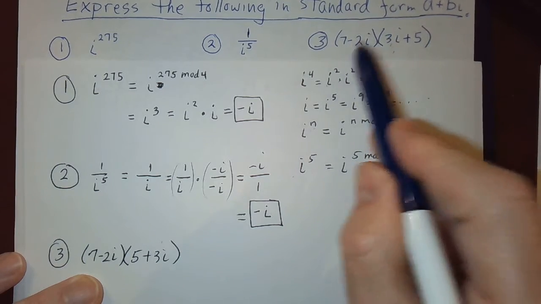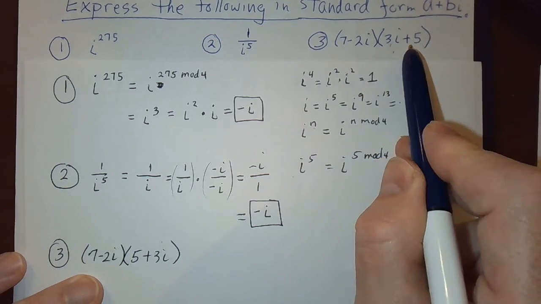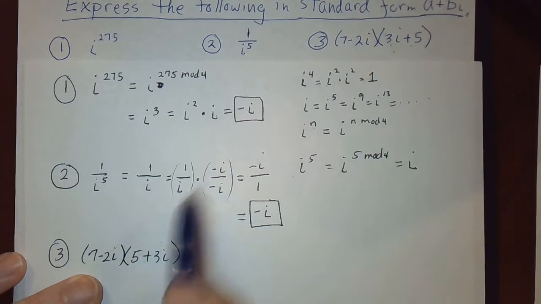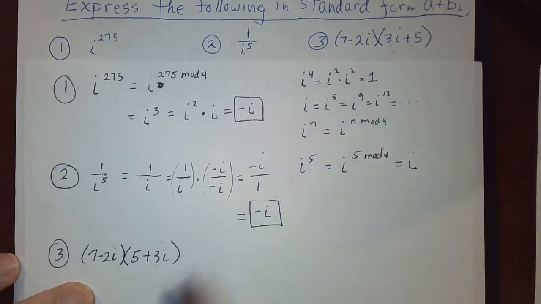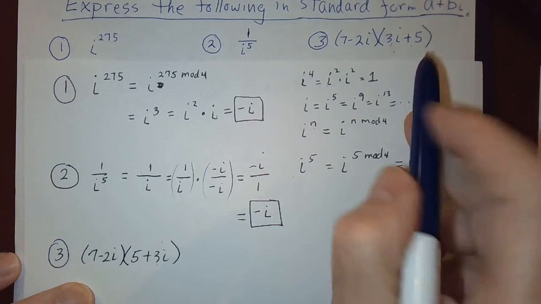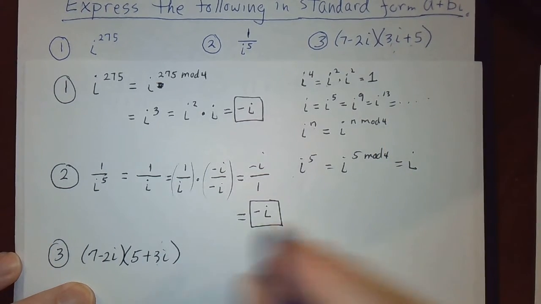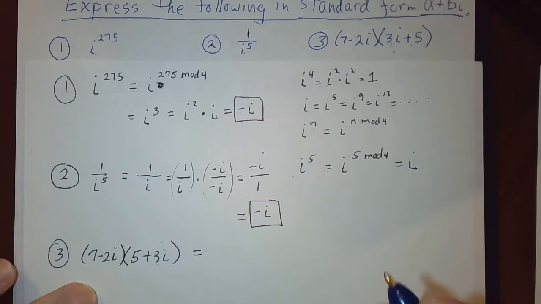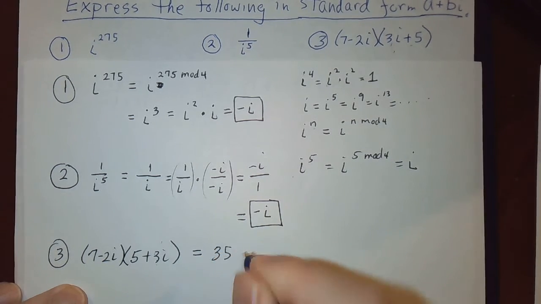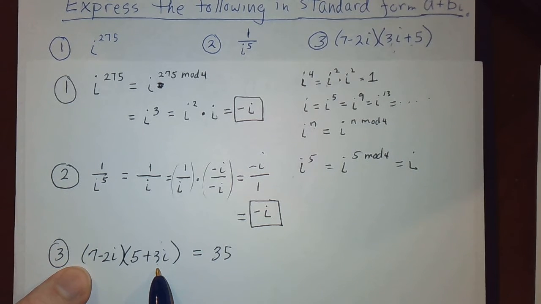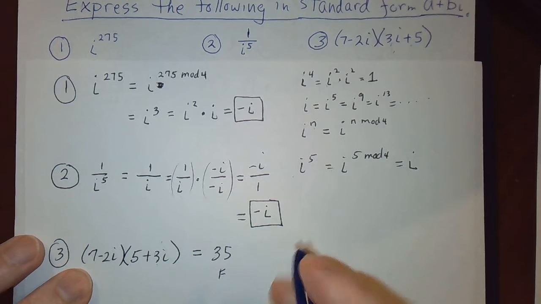If you FOIL this out like we normally do, you're going to get exactly the same answer as I get here, because 5 plus 3i is 3i plus 5. But we'll write our final answer in the form of a plus bi. So when I FOIL this, I'm going to get 7 times 5 for first. Outer is going to be 21i.